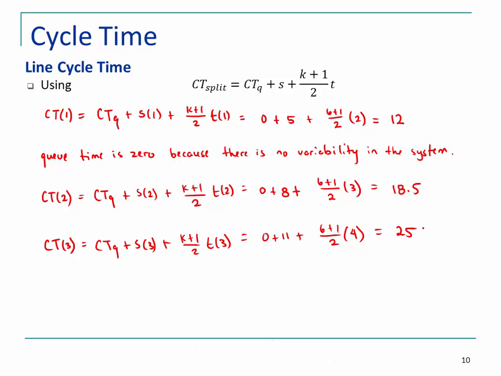Okay, and sometimes when you get these numbers, you will think that adding these 3 components will give you the total cycle time for the manufacturing line. So for example, CT will be equal to CT1 plus CT2 plus CT3, which in this case will be 12 plus 18.5 plus 25, which is 55.5.